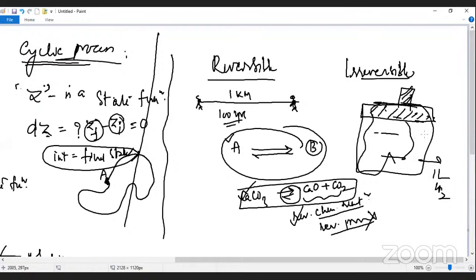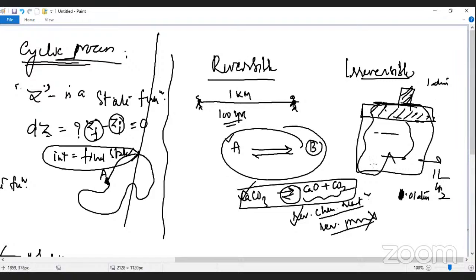Suppose the pressure inside the system because of this 1 liter hydrogen gas is 1.01 atmospheres, and the outside pressure is 1 atmosphere.